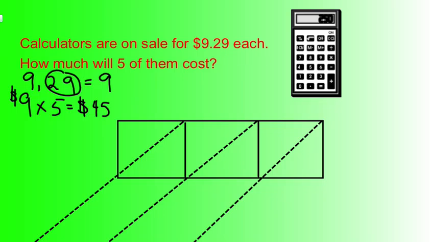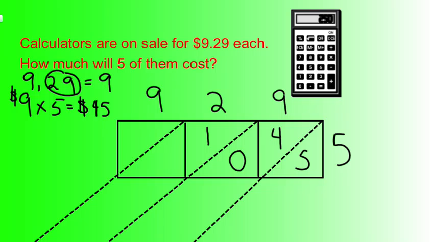Okay, so we're going to use a little lattice multiplication. We're not going to worry about the decimal right now. We're going to go 929 times 5. And we start over here on the far right. 9 times 5 is 45. And 2 times 5 is 10.